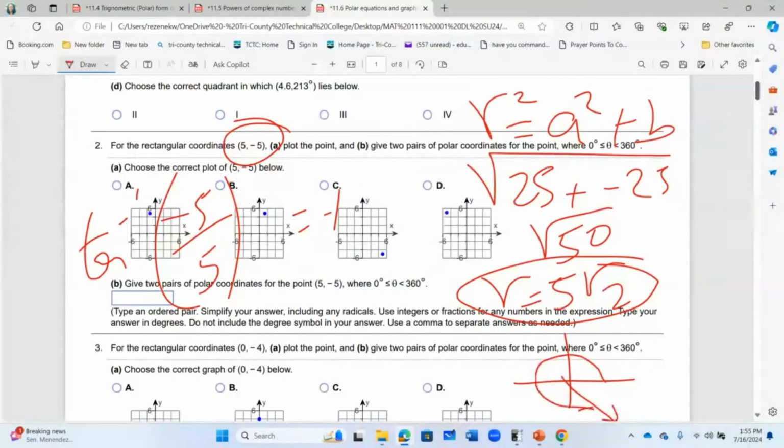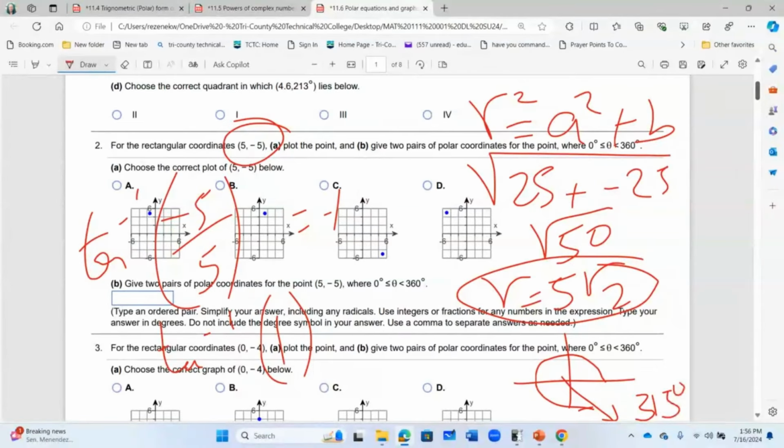First let's find the angle: tan inverse of -1 gives 45 degrees as a reference angle, and in the fourth quadrant that is 315 degrees.